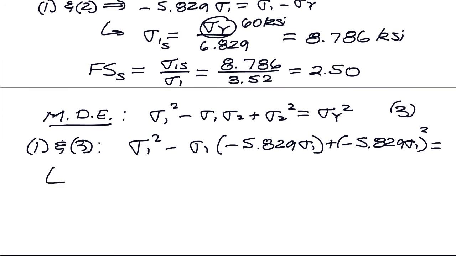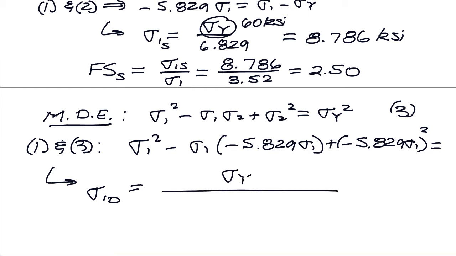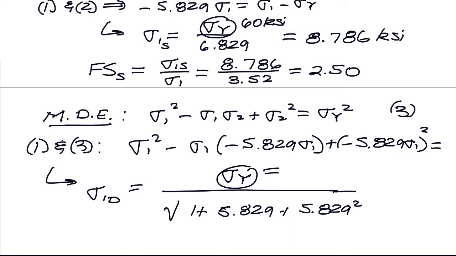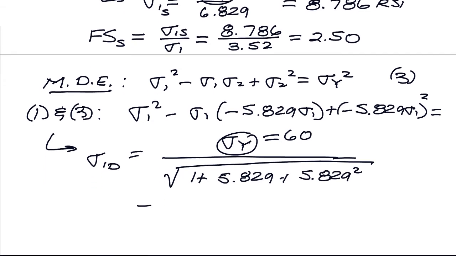So from this, I solve for my sigma 1 maximum distortional energy. So that becomes the yield strength, sigma y, divided by the square root of 1 plus 5.829 plus 5.829 squared. Again, sigma y, the yield strength for this material, was 60. So this becomes 9.39 KSI.